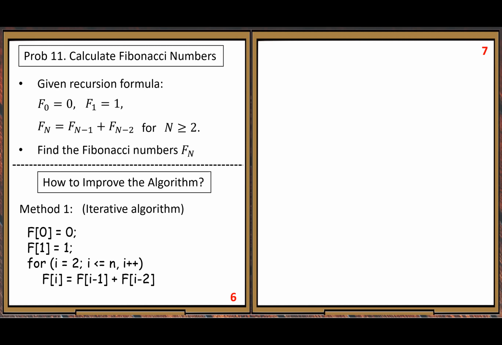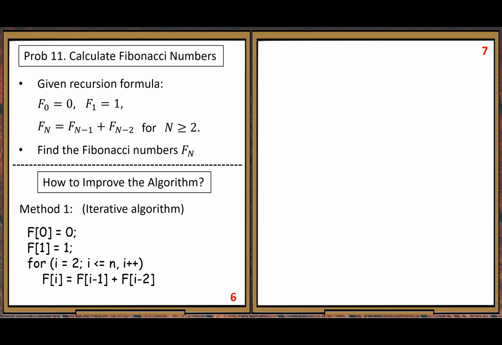All right. Method one, very simple. We use an F array with two initial values. Then we just run a for loop to do the calculation. How simple is that? But if you look at this for loop, we do not do any redundant calculation.